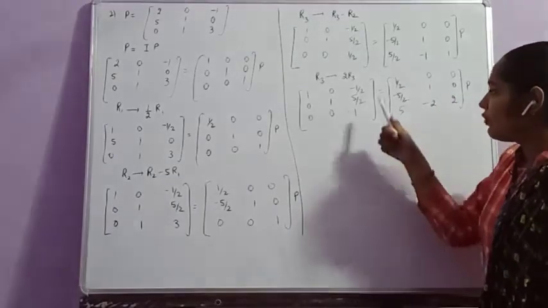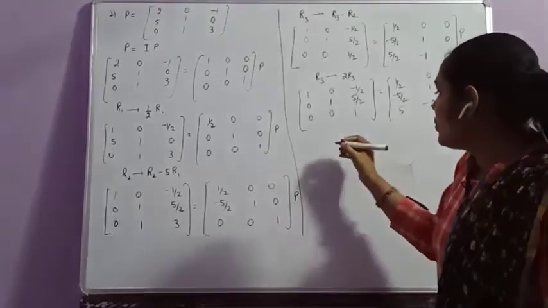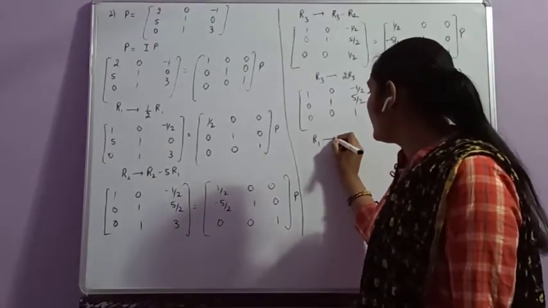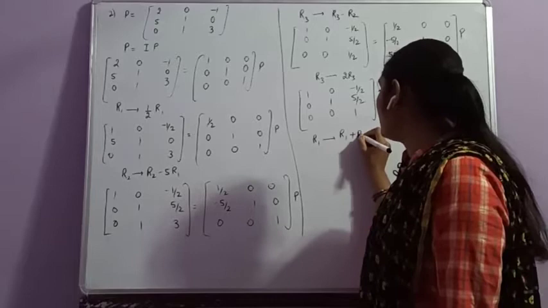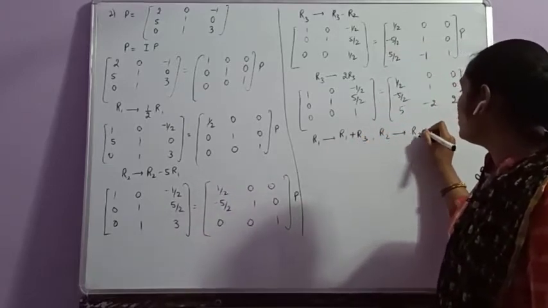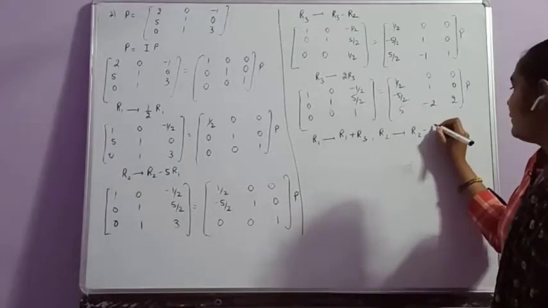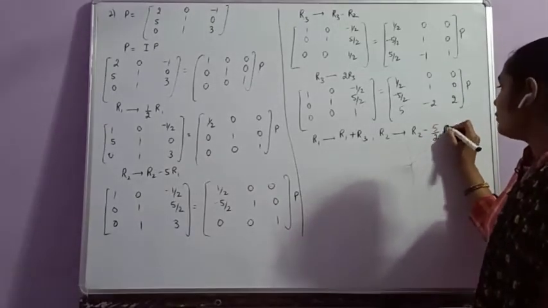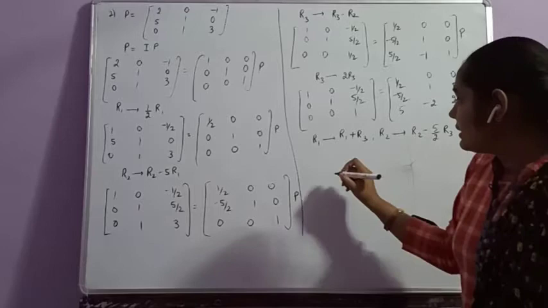Clear? Now we have to form 0 in both positions, so R1 becomes R1 plus half of R3 and R2 becomes R2 minus 5 by 2 times R3. Clear?